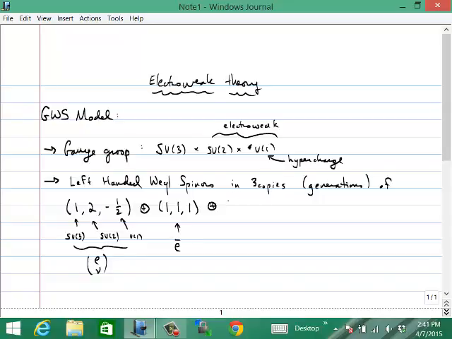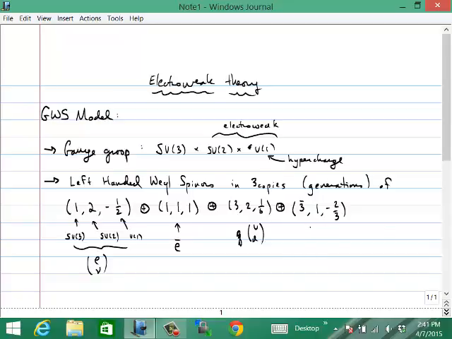We also have some quarks, which have electroweak charge as well as color. So here we have the right-handed quarks up and down.